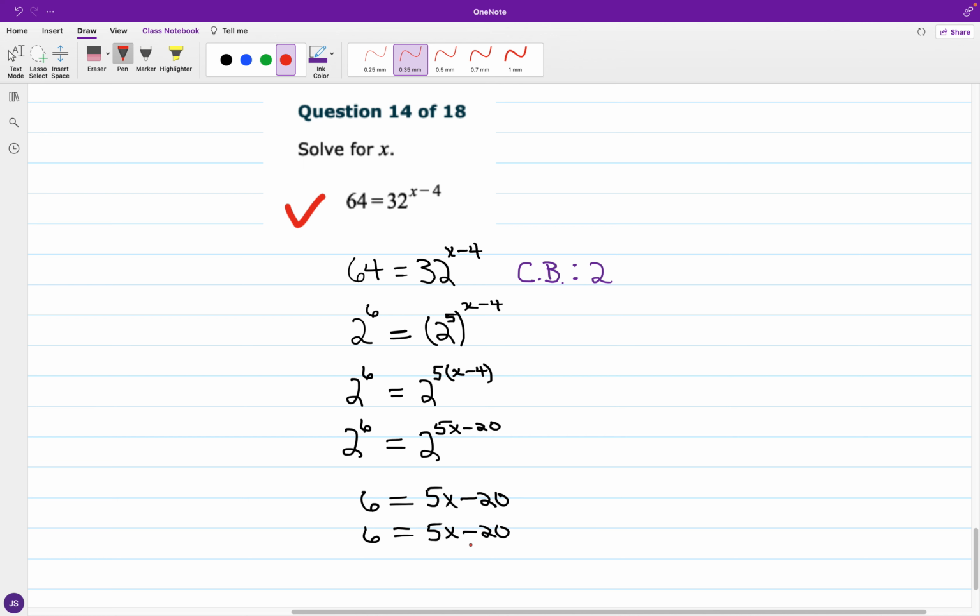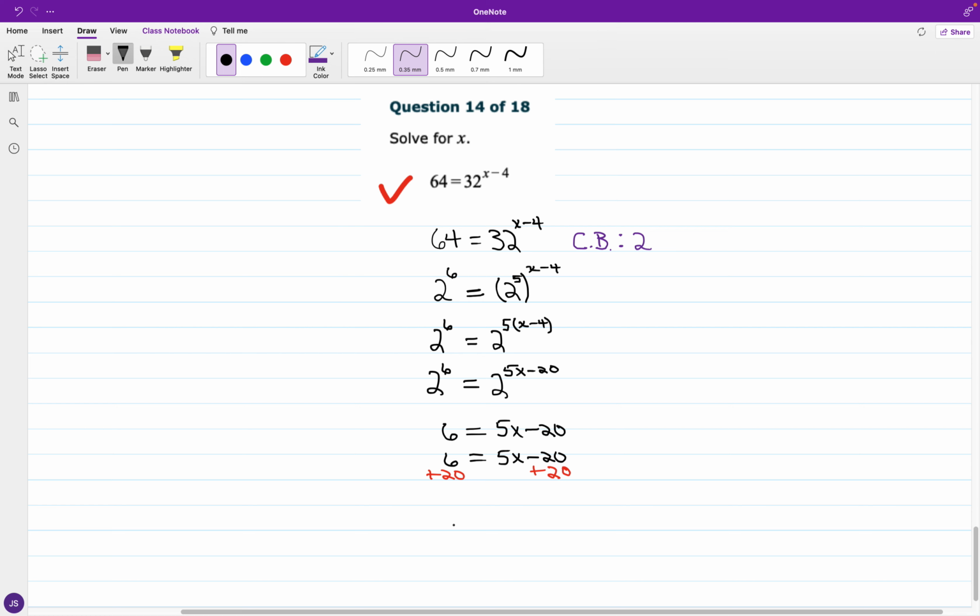Getting the x term by itself, if I add 20 to both sides, we have that 26 is equal to 5x. With division by 5, we have that 26 fifths is equal to x.